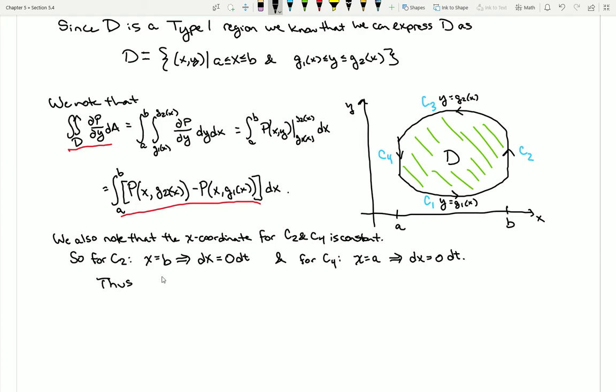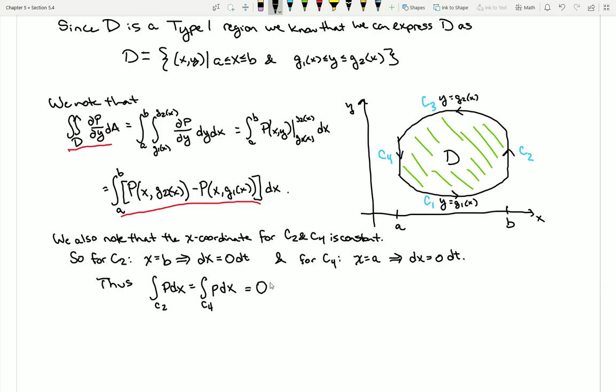Thus, when I think about a line integral along C2 for my function p dx, I'm going to realize that that is exactly going to be the same as what I'm going to get when I go along C4, because both of those, notice if I replace my dx value with a 0 dt, then my entire integral is just going to turn into 0.